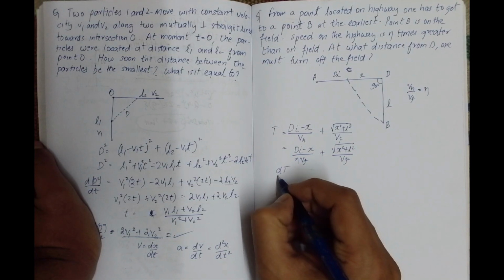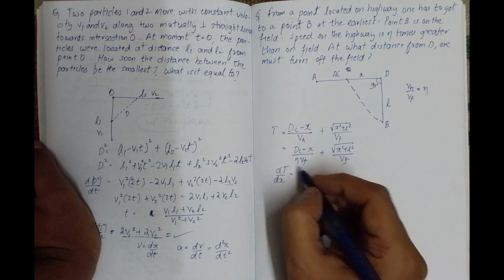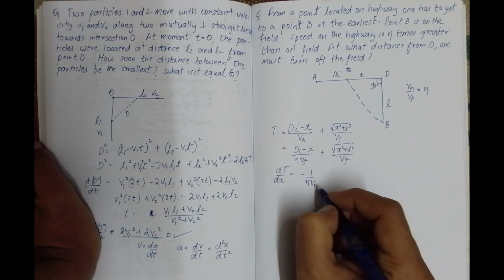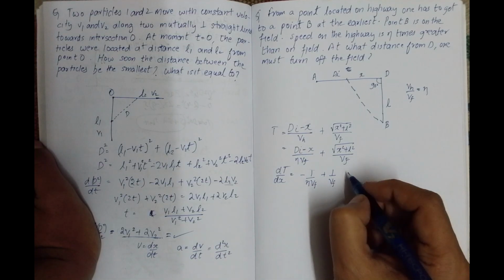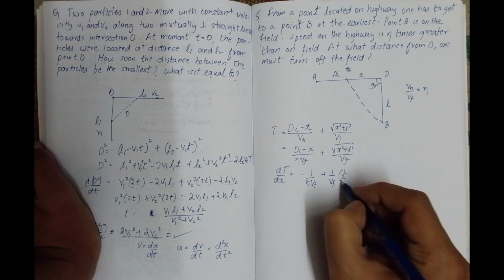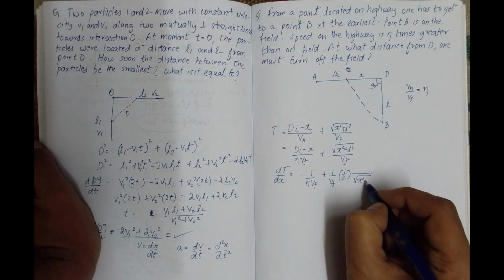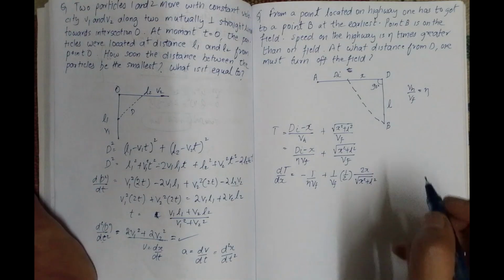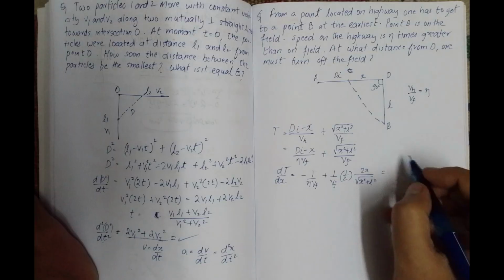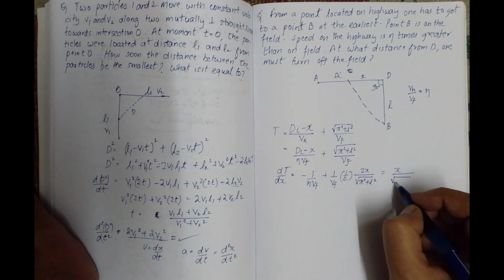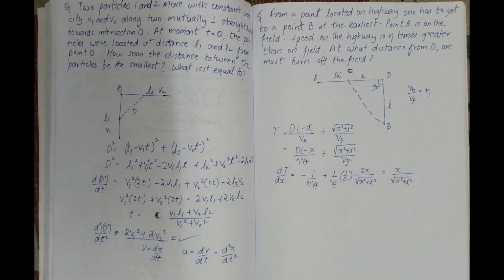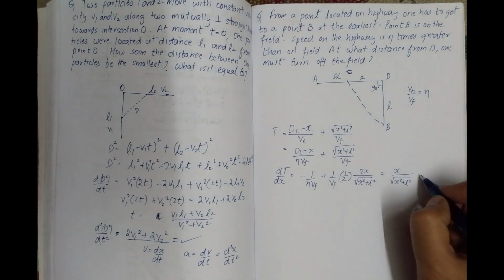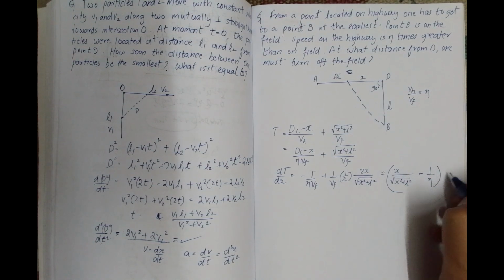Let us do that. dt by dx will be equal to minus 1 by n Vf plus 1 by Vf into 1 by 2 of x square plus L square to the power minus 1 by 2, times 2x, which is x over under root of x square plus L square, minus 1 by n into 1 by Vf.